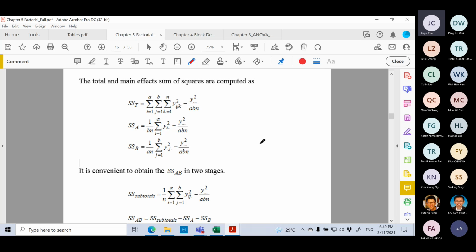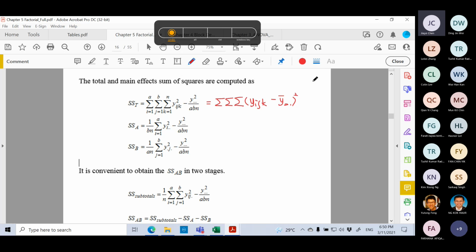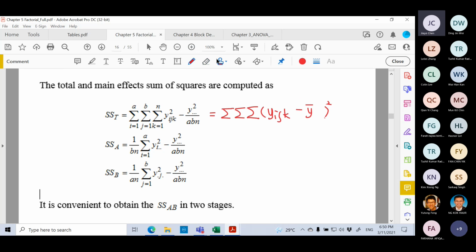So for you to apply the manual calculation, the formula for the sum of squares just now can be extended into the following form. If you observe back what we had, the sum of squares consists of the sum of (yijk minus the mean) squared.